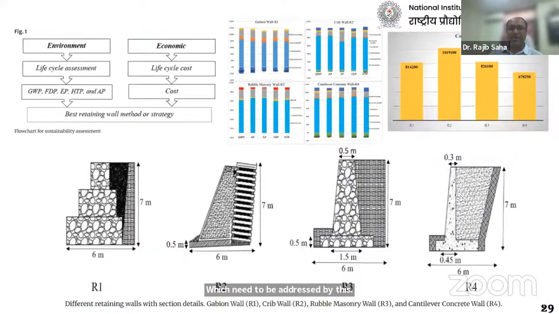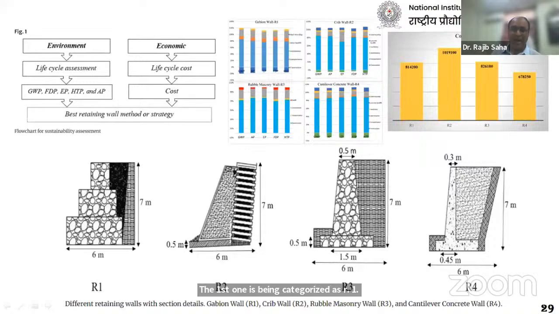Now, this particular slide I made, I found very useful because one research paper considered four varieties of retaining walls based on the sustainability aspect. What are these four? The first one is categorized as R1, which is basically the Gabion wall.